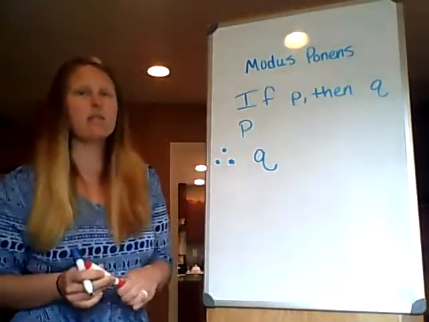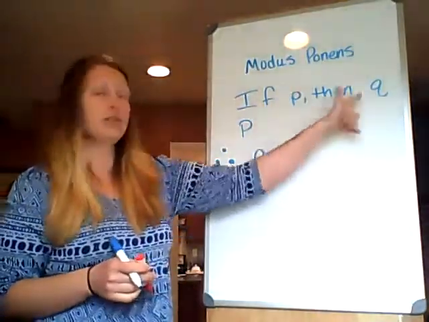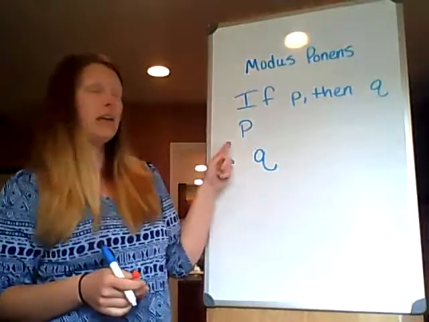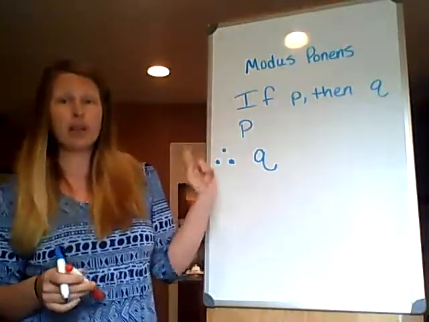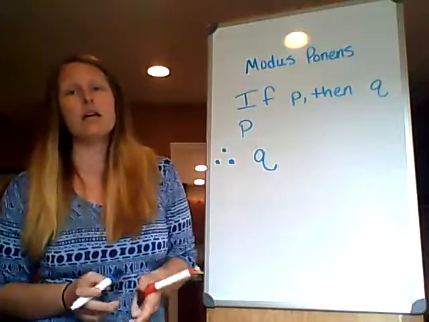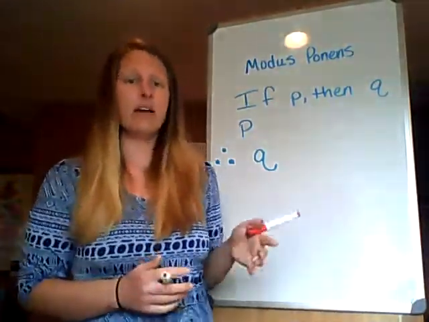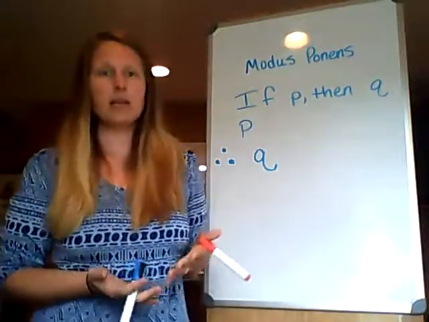So here is my statement: if P happens, then Q is going to happen. P did happen, therefore Q definitely is going to happen. This mixed hypothetical syllogism is valid. It's always valid, and it's kind of basic.